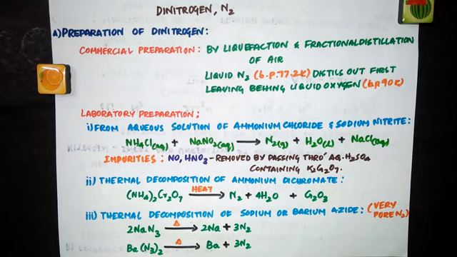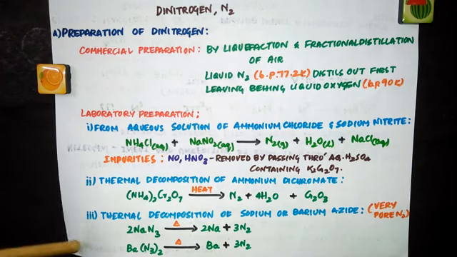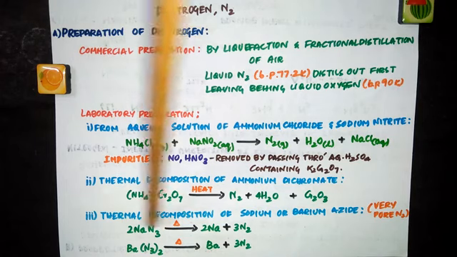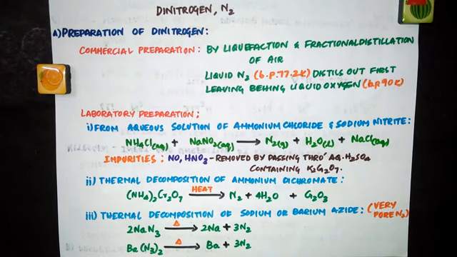This thermal decomposition of sodium azide is used to inflate the airbags used for safety in some cars. When the car meets with an accident, you can see an airbag getting inflated, and that inflation is done by this reaction, the thermal decomposition of NaN3.